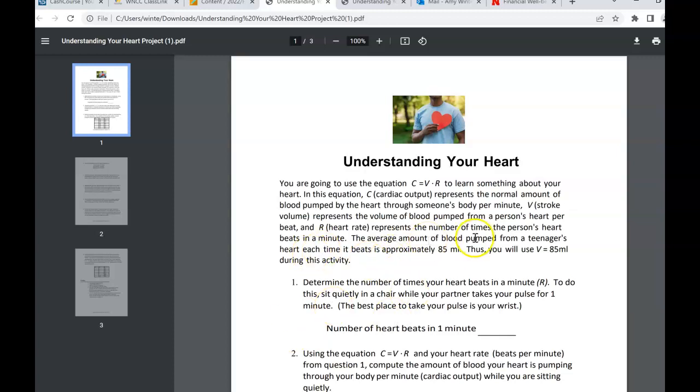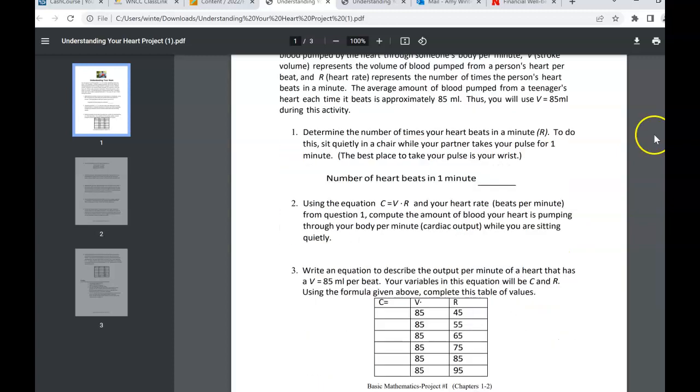Now it tells you right here in this opening paragraph that you're going to use 85 milliliters for V, which is the stroke volume. So you find your heart rate, and you're going to type your project, and you're going to say, okay, here's how I calculated my heart rate. I did it myself, or my friend sat down, and so on. You're going to explain how you did it and how many beats per minute you have.